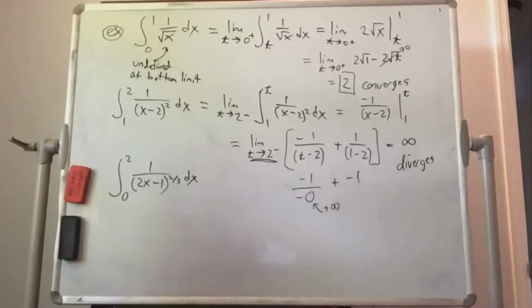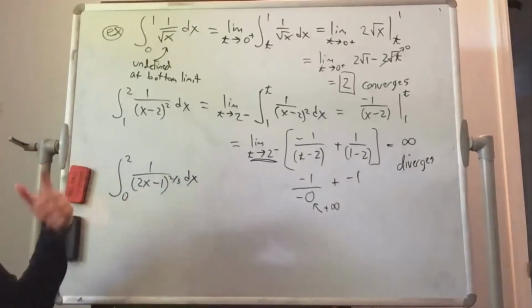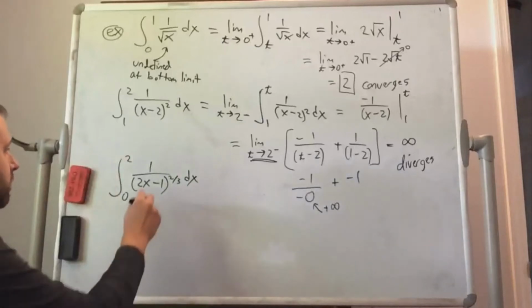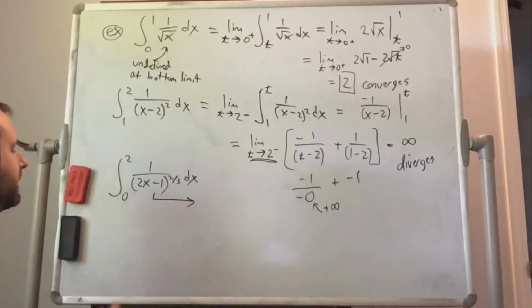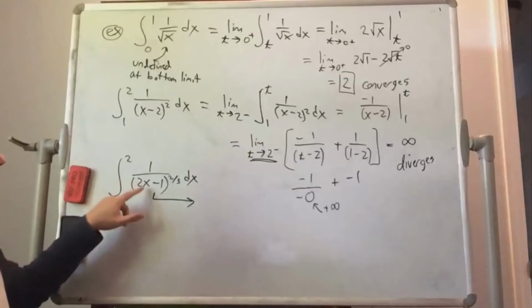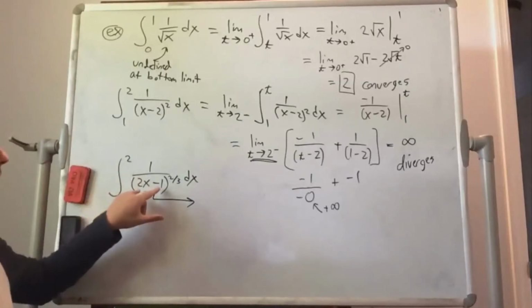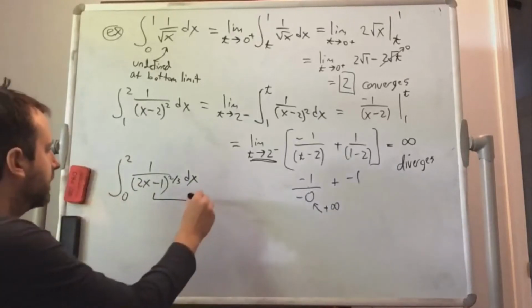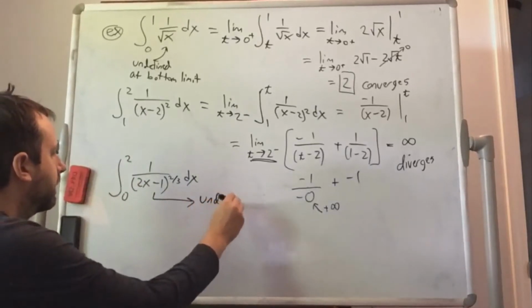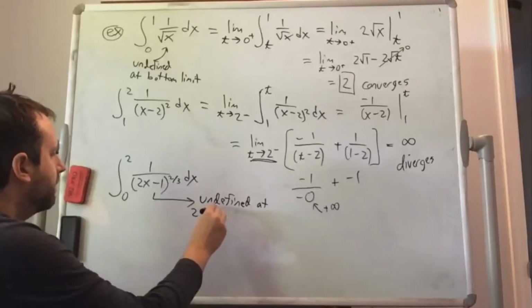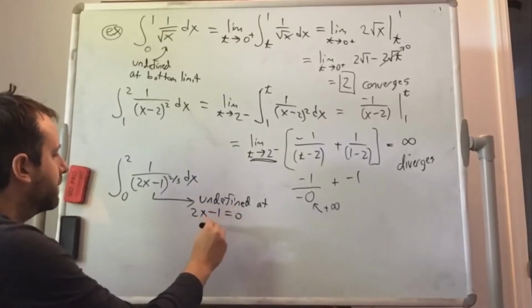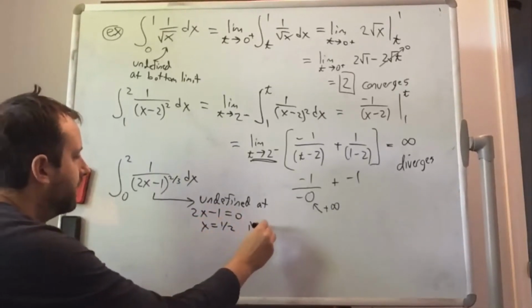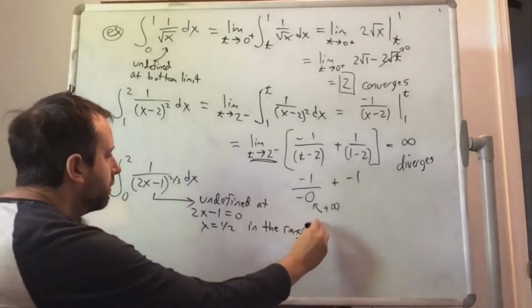This one's the most difficult to see and the most amount of work, so it's kind of the hardest problem because it's sneaky. The endpoints are perfectly fine, they're not undefined, but there's an undefined point in the range over which I'm integrating. So this is undefined at 2x minus 1 equals 0, or where x is equal to a half. And that is in the range of integration.